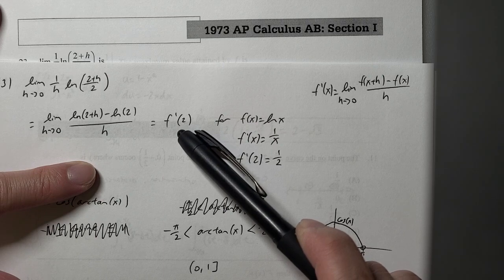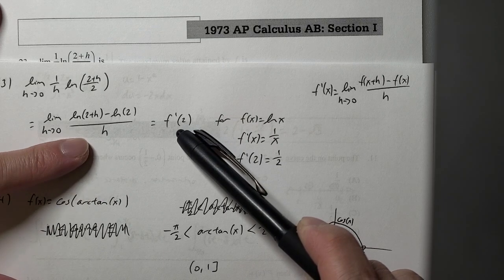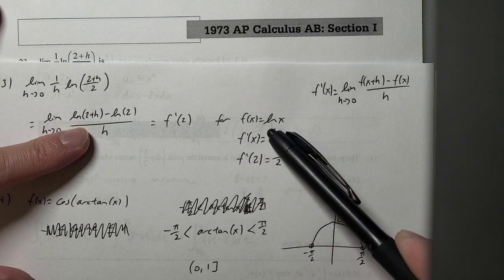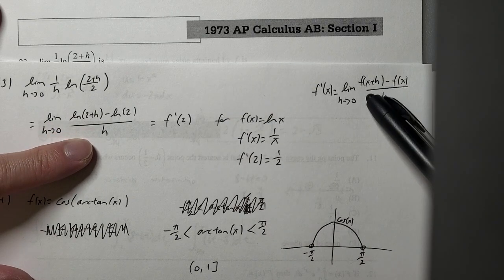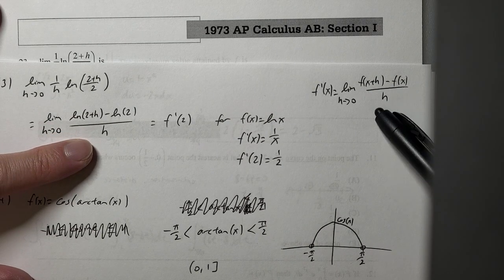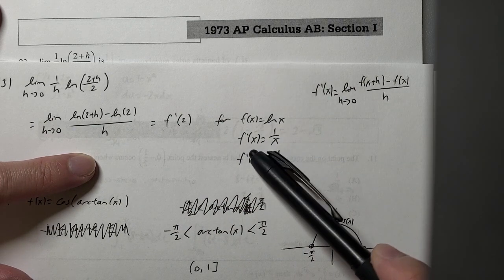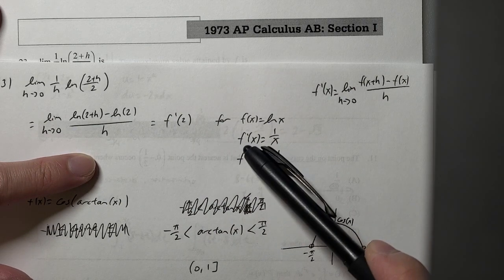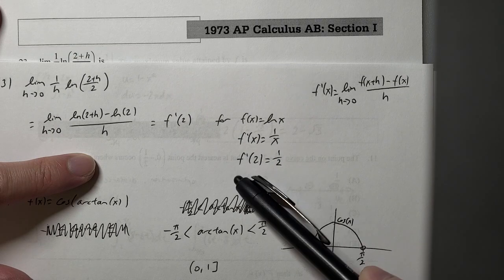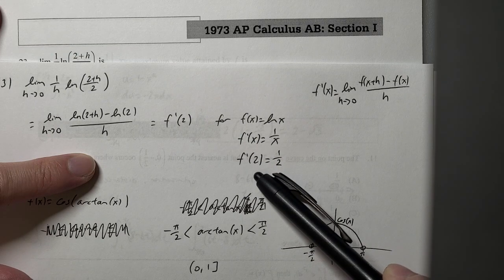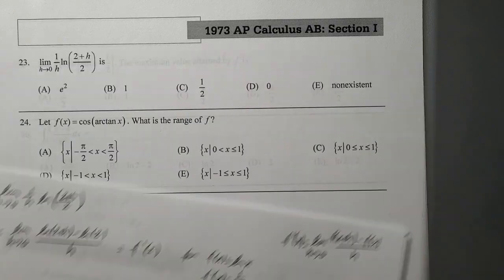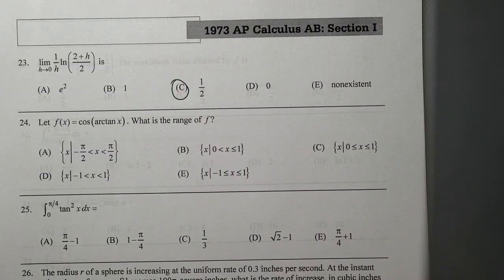So what is f in this case? f is just ln x, because it's ln of 2 plus h minus ln 2 over h. So f prime is 1 over x, and f prime of 2, we just plug in x as 2. That is a half. So that's choice C.